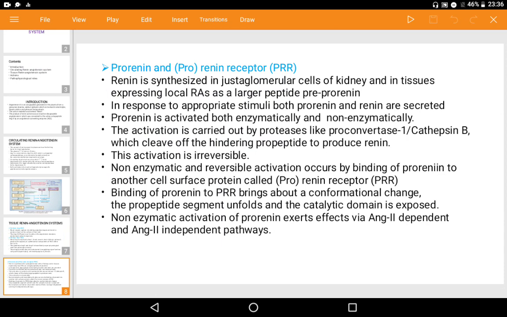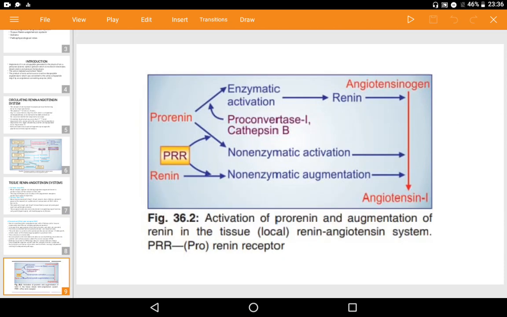Binding of prorenin to PRR brings about a conformational change. The propeptide segment unfolds and the catalytic domain is exposed. Non-enzymatic activation of prorenin exerts effects via angiotensin II dependent and angiotensin II independent pathways.